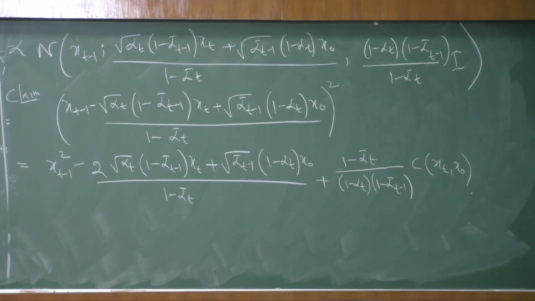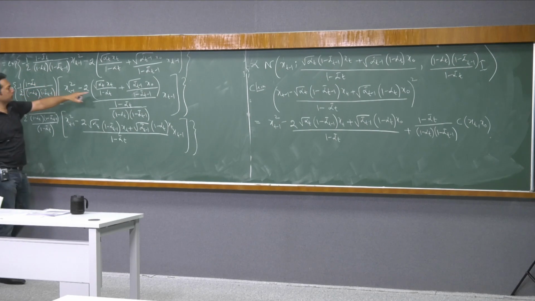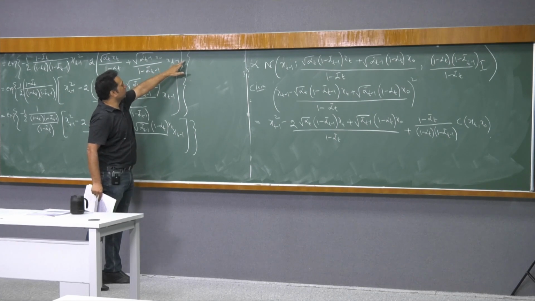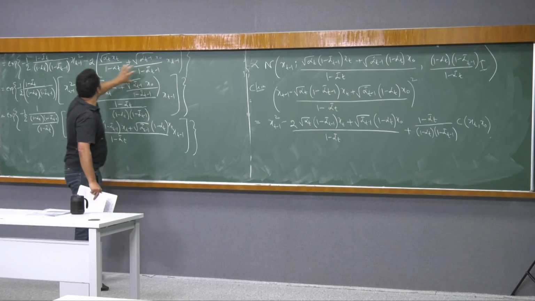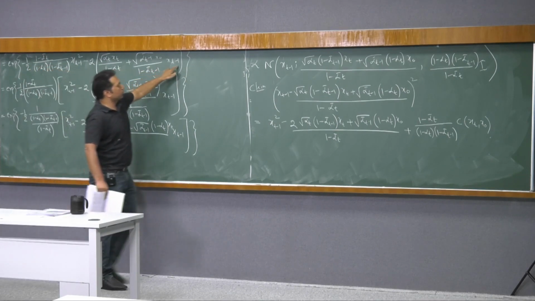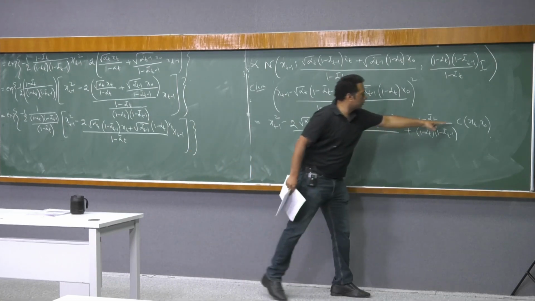If you have taken notes, remember that this term was taken common, and before that there was a C term here: plus C of x_t, x_0. Since we took this common, the inverse of it will multiply with the C term that we dropped. The inverse is multiplied with this term.